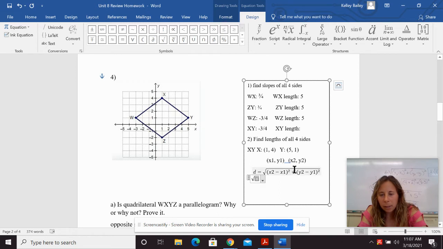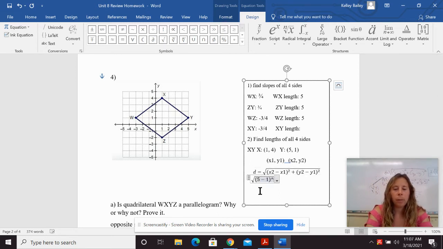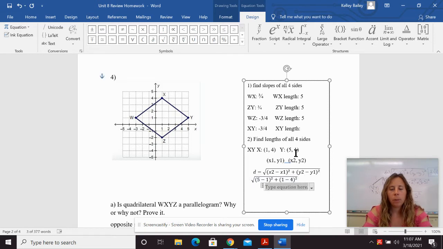X2 minus X1, so that's going to be 5 minus 1 squared, plus Y2 minus Y1, so that's going to be 1 minus 4 squared. So then that is D equals square root. 5 minus 1 is 4. 1 minus 4 is -3.